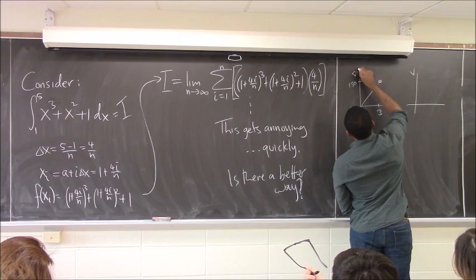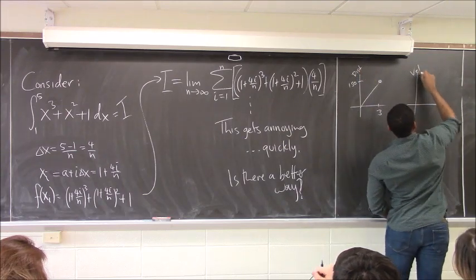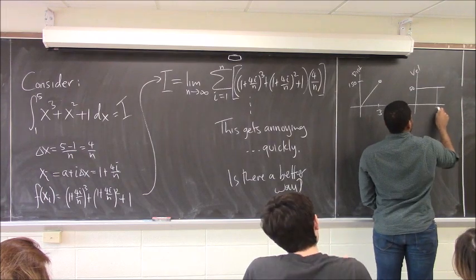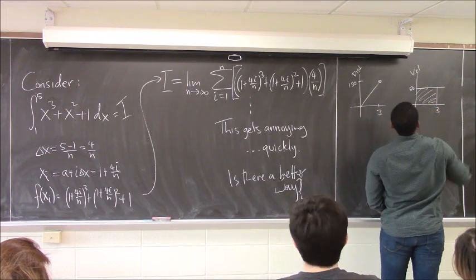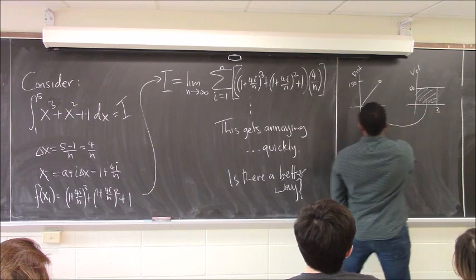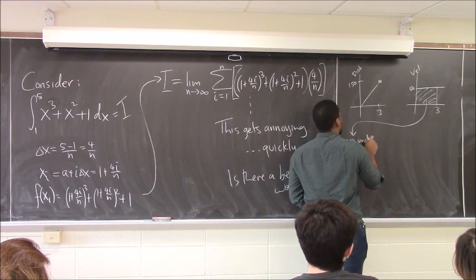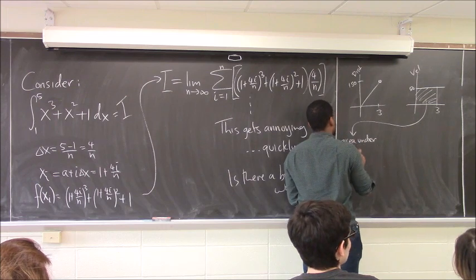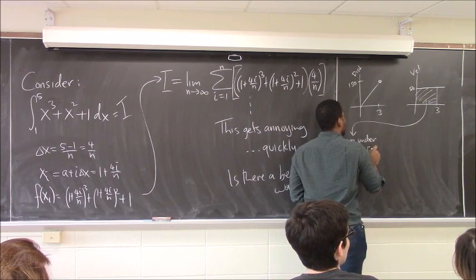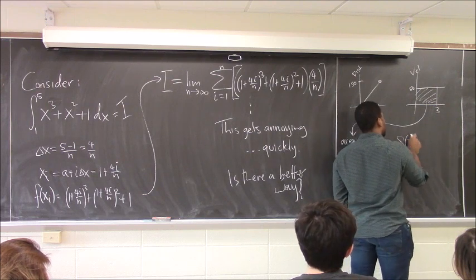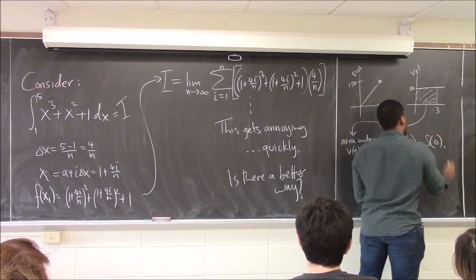So here we were plotting distance, here we were plotting velocity, and that was constant. And we found that the area under v of t on the interval 0, 3 was actually equal to the position function evaluated at 3 minus the position function evaluated at 0.